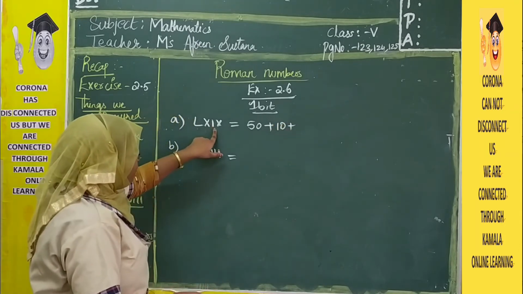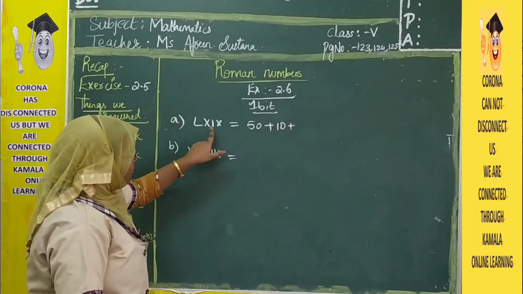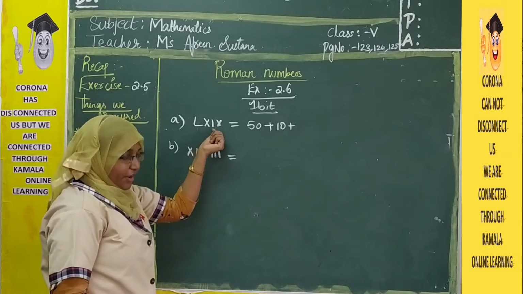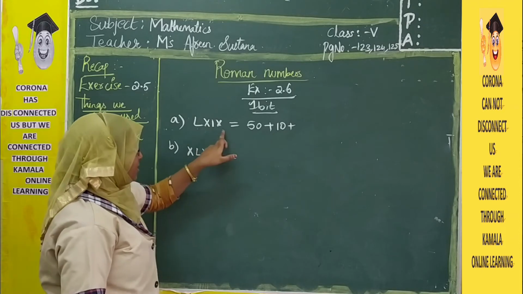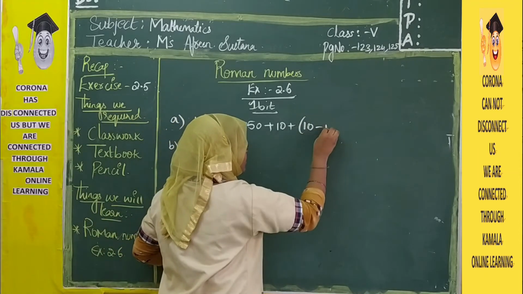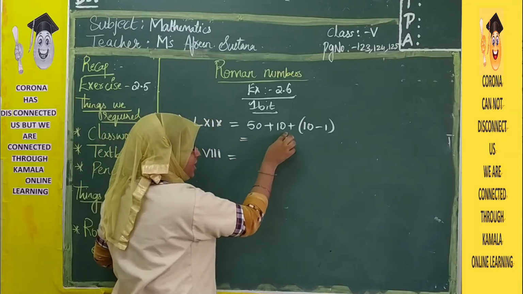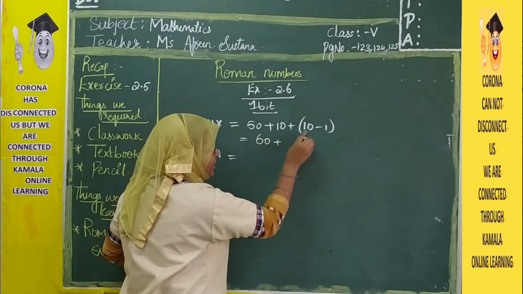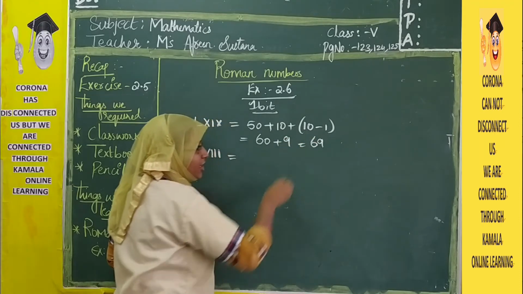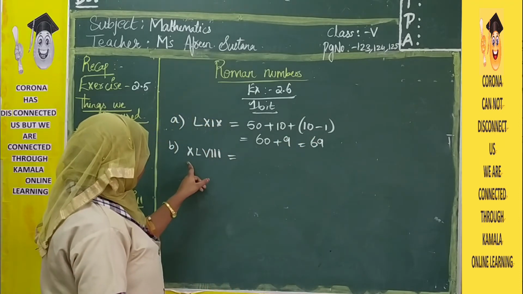Now here 1 is written on the left side of the 10, so what you will do, you will subtract. This is 10, this is 1. So you will do 10 minus 1. So 50 plus 10, 60. 10 minus 1 is 9. 60 plus 9 is 69. Right? Let us go with the next one.